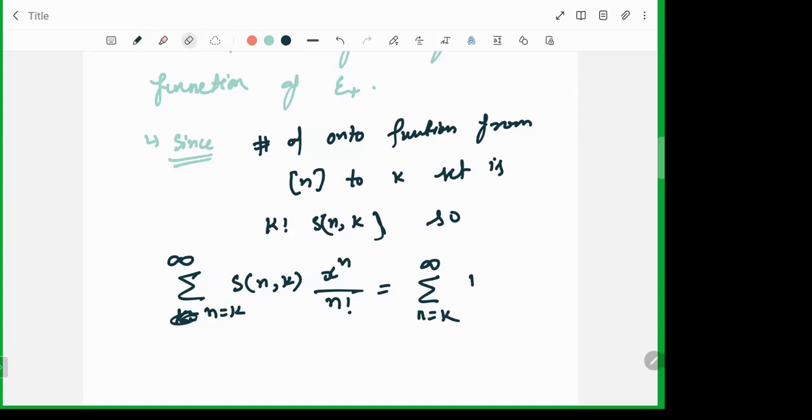So this is basically, yes, this is correct. How to write the number of onto functions S(k,n)? This is basically equal to this thing.